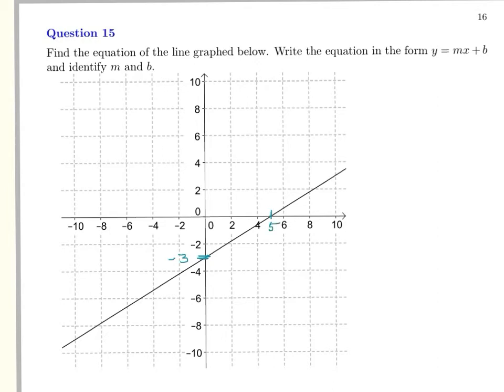So that means the slope is 5 over 3, no, 3 over 5, right? So the slope is 3/5, and the y-intercept is minus 3. So the equation should be y equals 3/5 x minus 3.